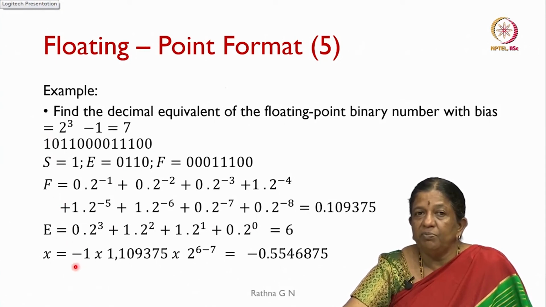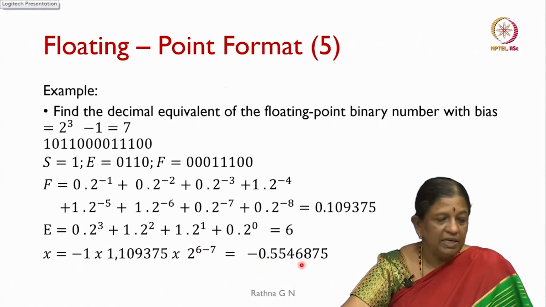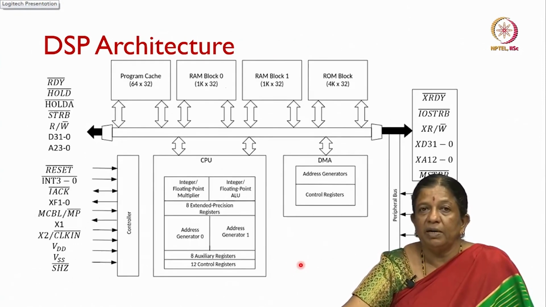So, it is a negative number, minus 1 into, because of the f plus 1 that I have to do, it is 1.109375 into 2 power exponent minus bias. Bias we have is 7, 6 minus 1 is 2 power minus 1. So, this is divided by 2, which is equivalent to minus 0.554687 is the value that I can represent.